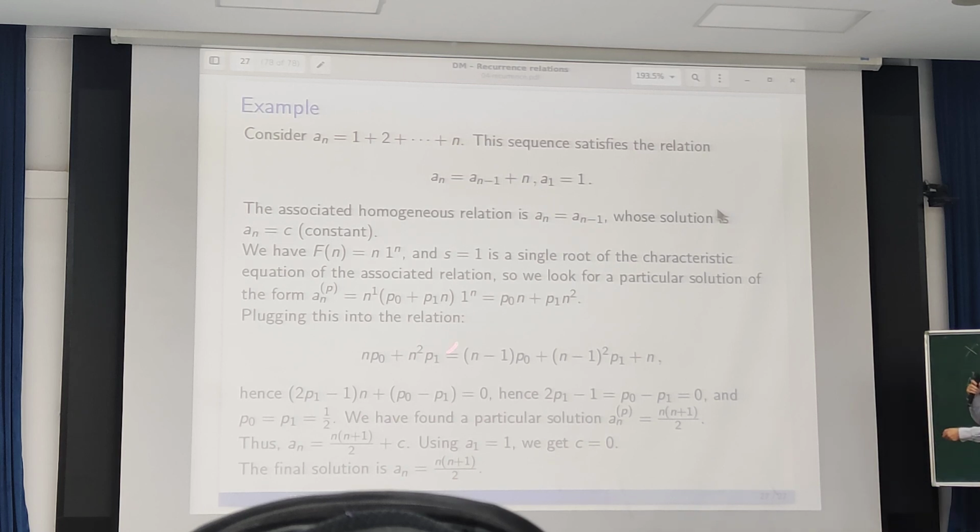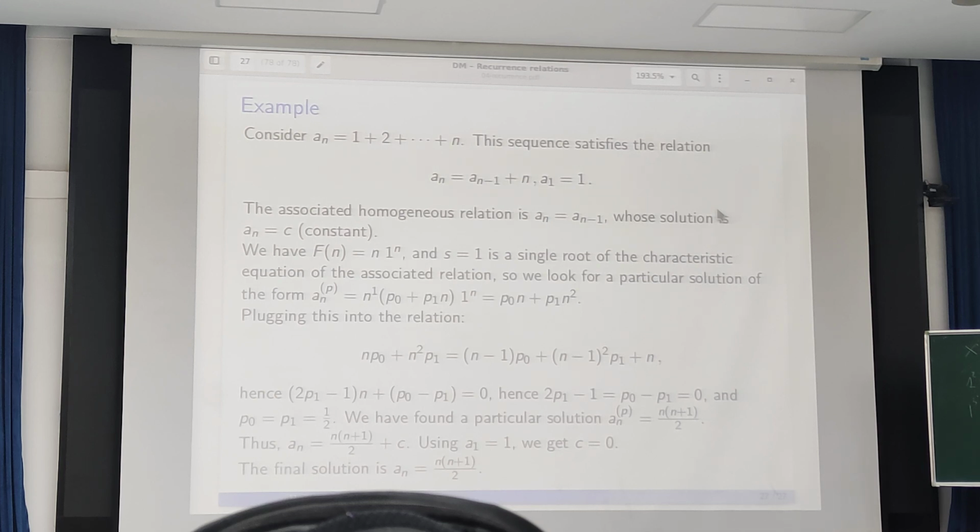Okay? So the calculation will be a little more complicated because the degree of the polynomial here will be higher. So we will have more coefficients to determine. But the principle is the same. You repeat the same steps, okay?